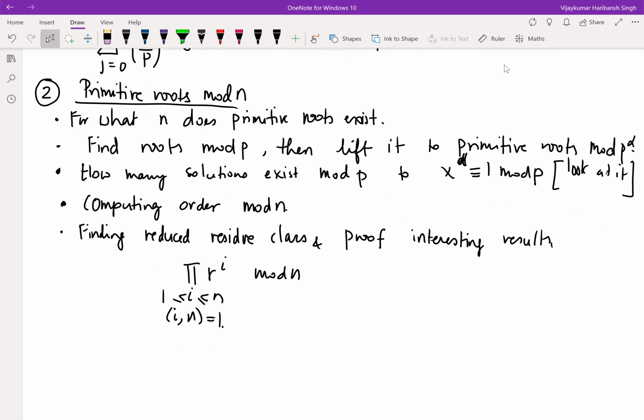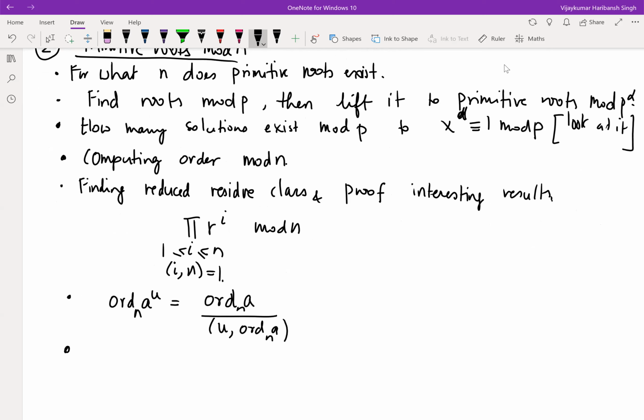Now, using various results on what is the order of a to the u mod n, what is the connection between this and that, using this to find out the order of various arguments.